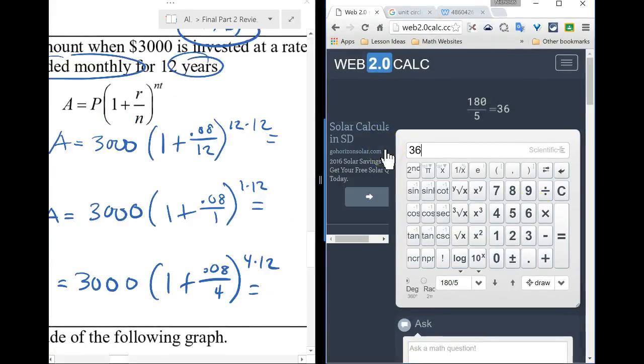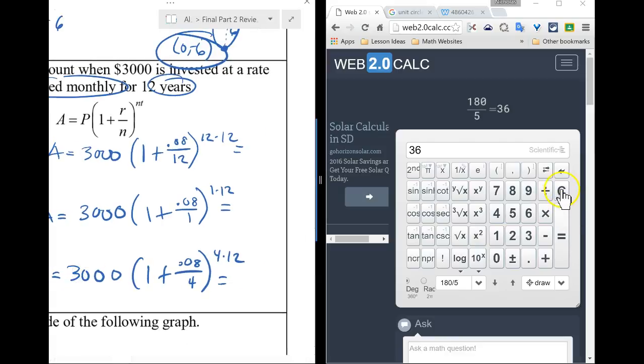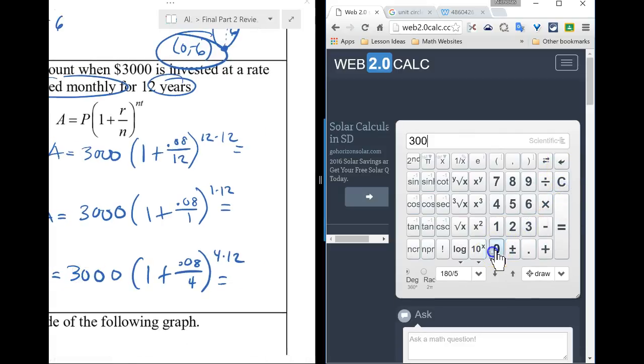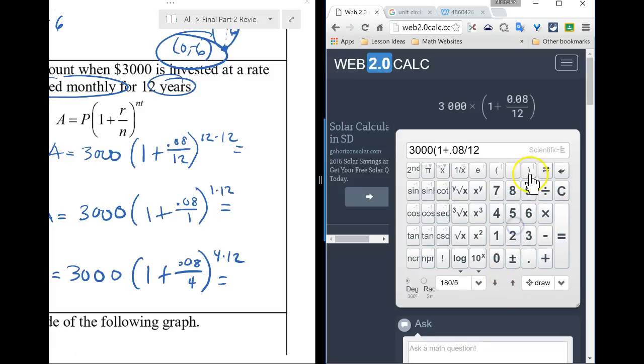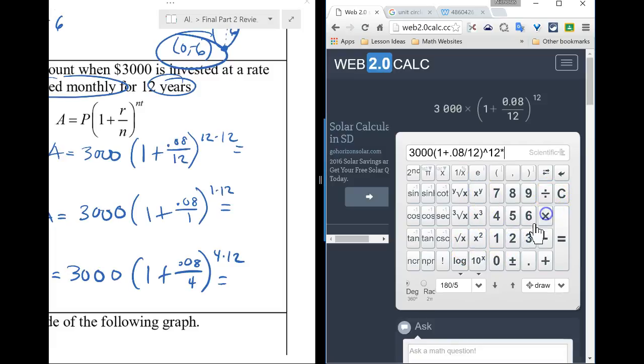So let's do the first one, the monthly one. 3,000 times 1 plus 0.08 divided by 12. And then that's going to be raised to, so where's the exponent? Right here. 12 times 12.